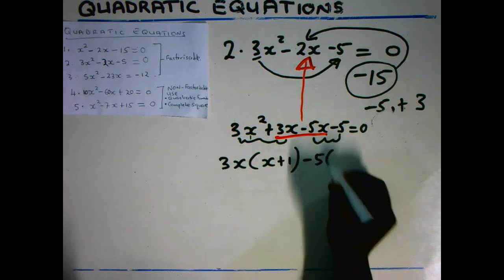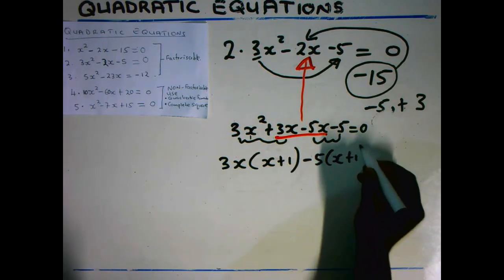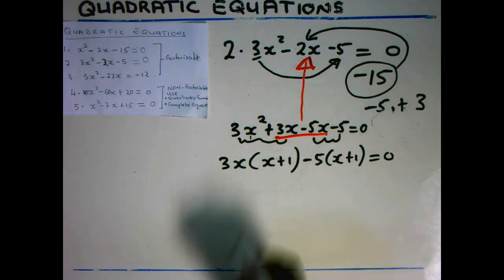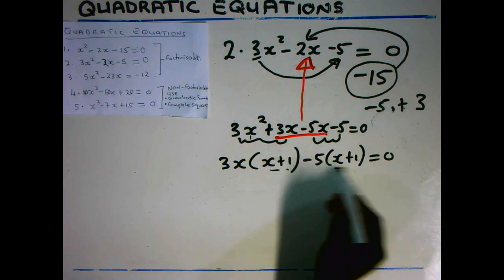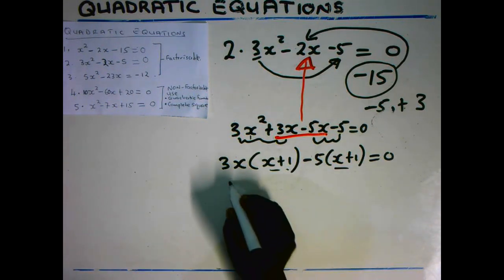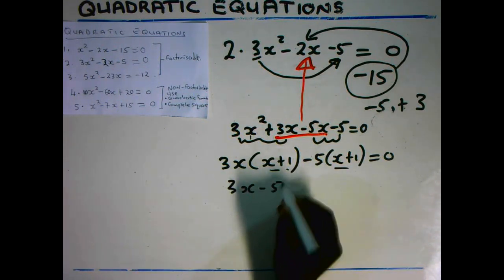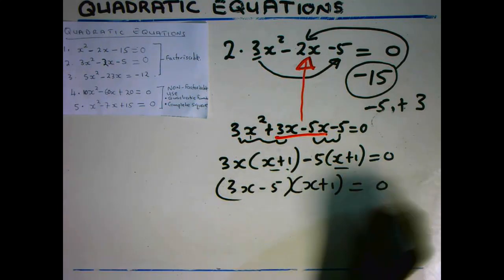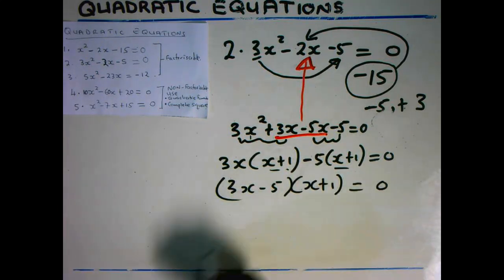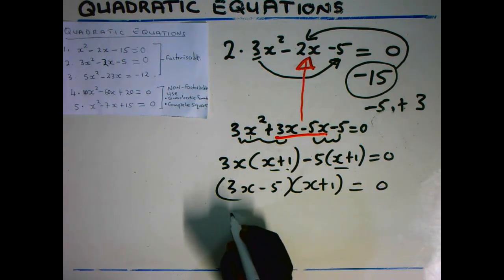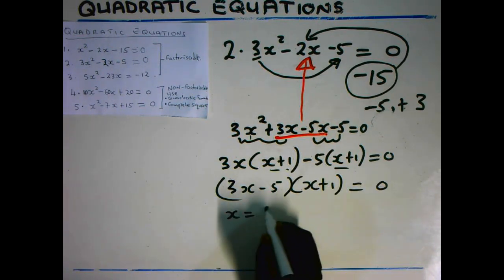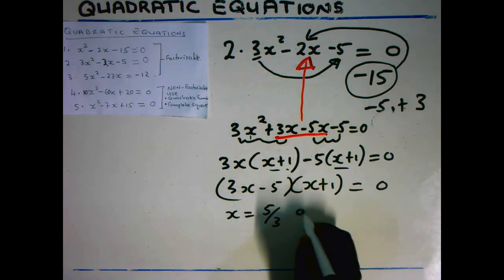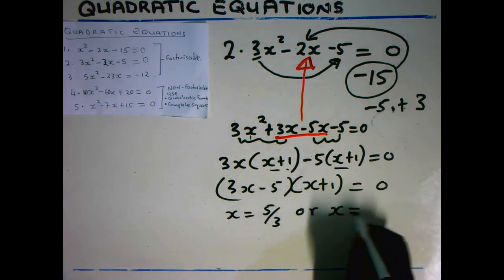Minus 5 times (x plus 1) is equal to 0. So you see this and this is the same now. So we will have (3x minus 5) multiplied by (x plus 1) equal to 0. Using the same approach, we get x is equal to 5 over 3, or x is equal to minus 1.